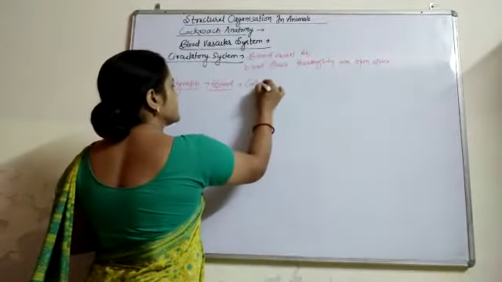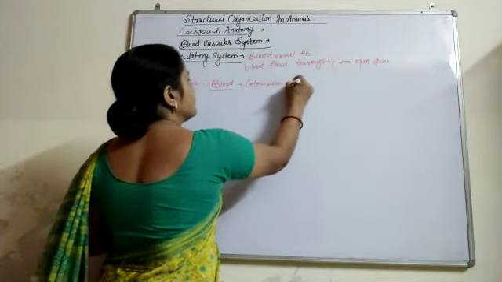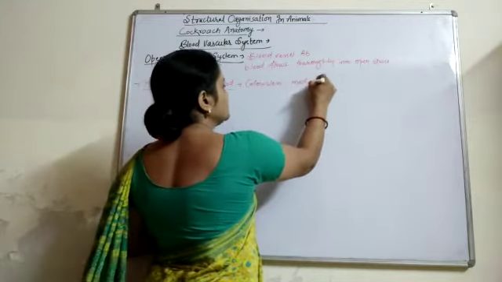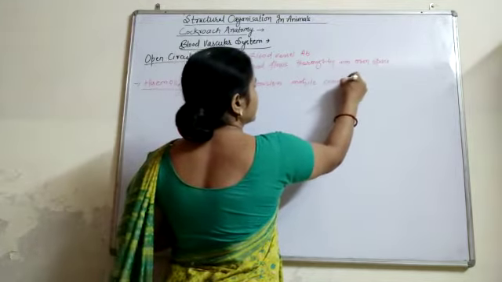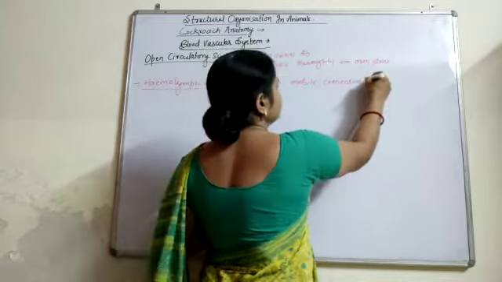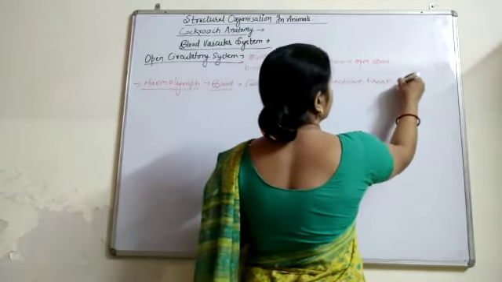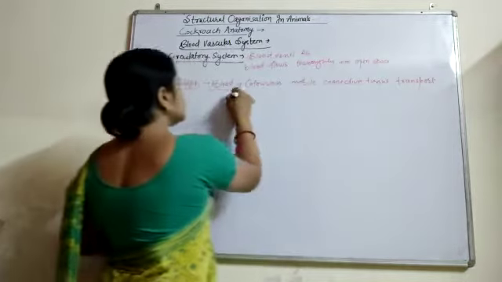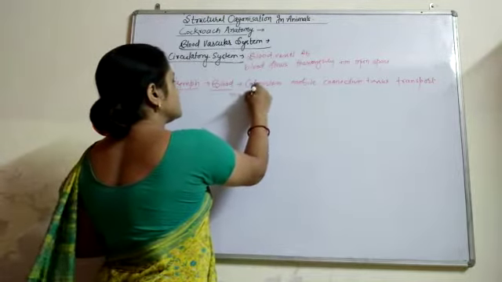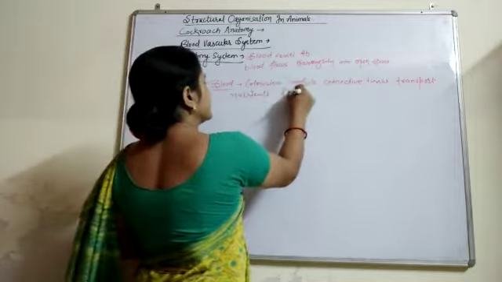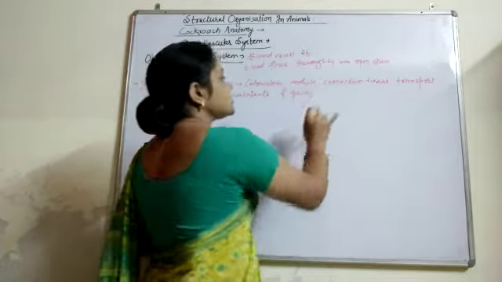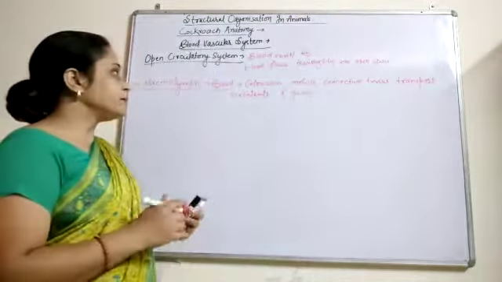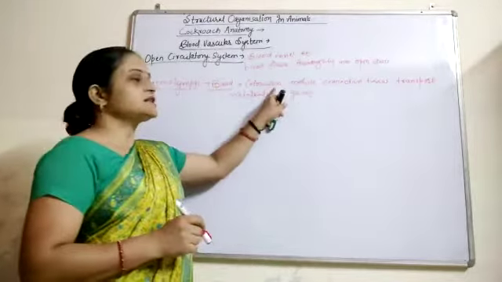It is colorless mobile connective tissue which transports nutrients and gases. It functions like blood, but it is colorless.